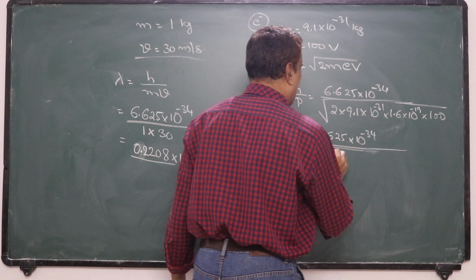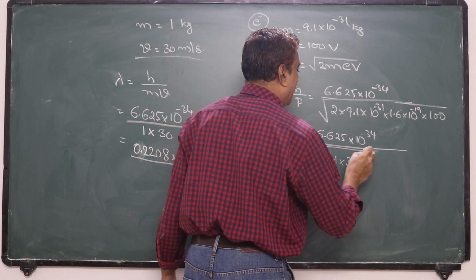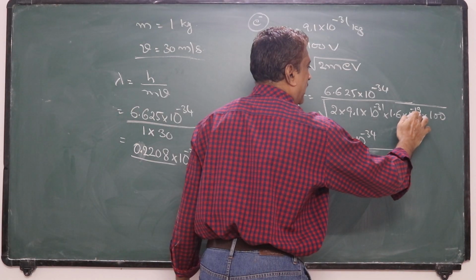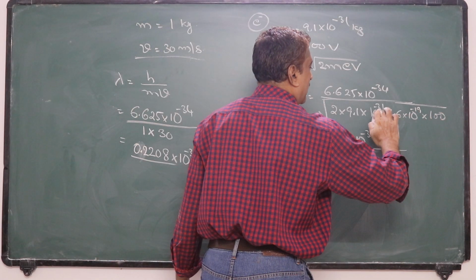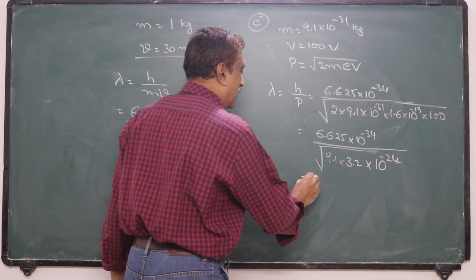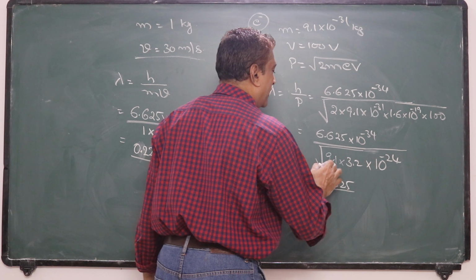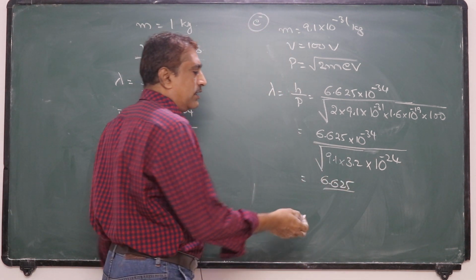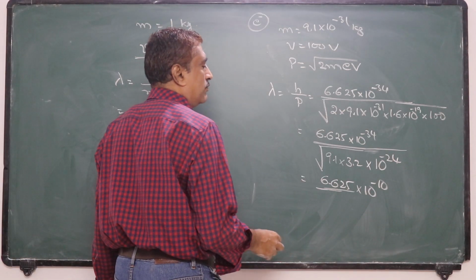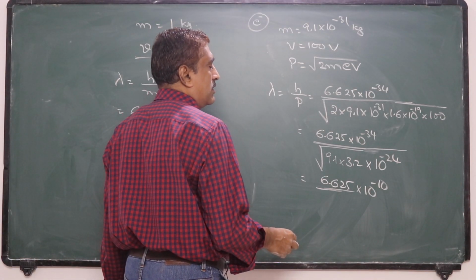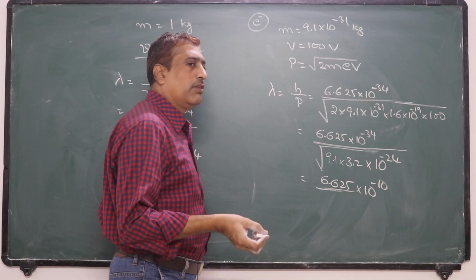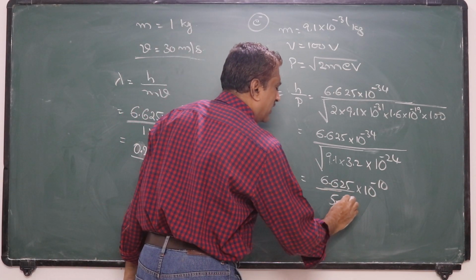This is 6.625 into 10 to the power minus 34 divided by the square root of 9.1 into 3.2 into 10 to the power minus 25, that is 10 to the power minus 24. 9 times 3 is approximately 27, and the square root of 27 is approximately 5 point something, assume 5.2.